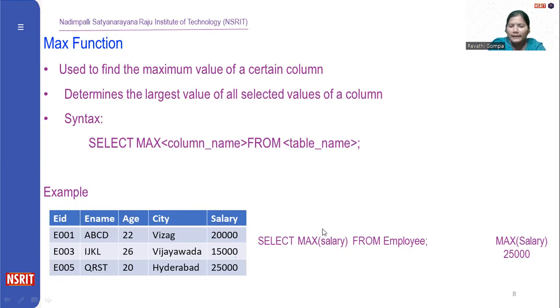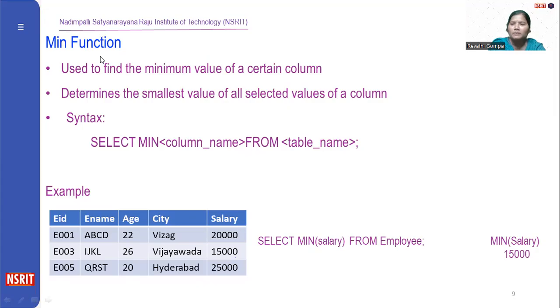In this example, select max of salary from the employee table. Among the values 20,000, 15,000 and 25,000, 25,000 is the maximum value, so the output is 25,000.